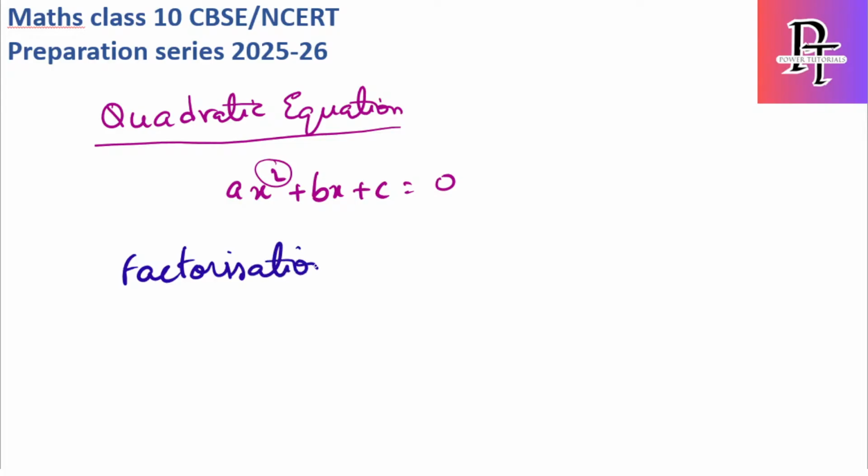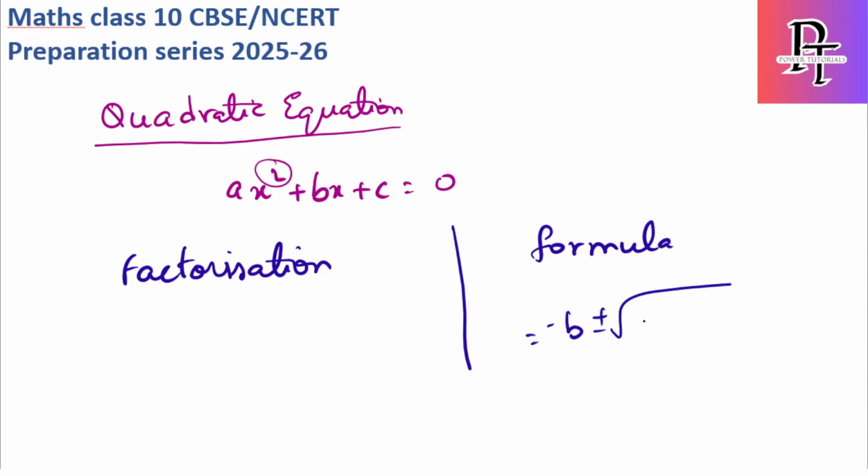And the second method is using the quadratic equation formula. So what is the formula for a quadratic equation? It is x equals minus b plus or minus root of b square minus 4ac, by 2a.